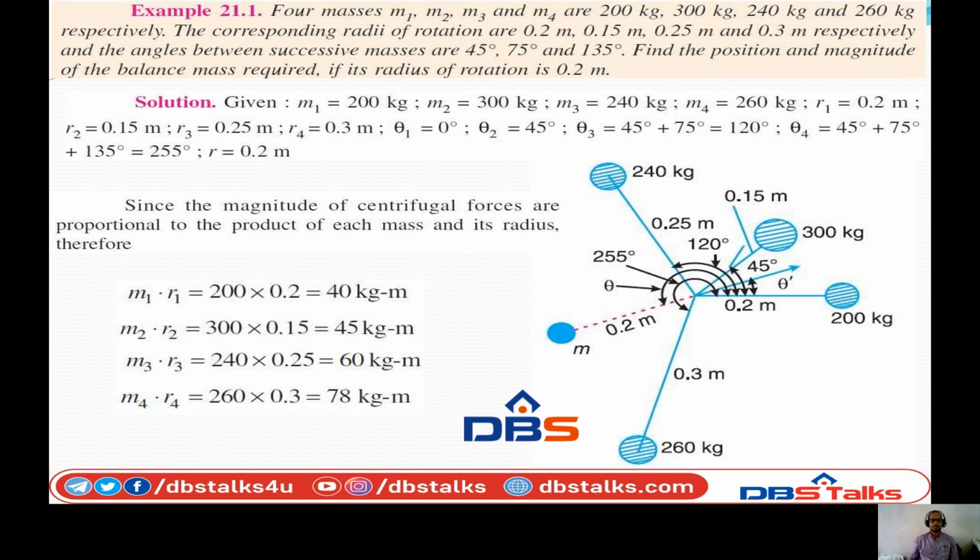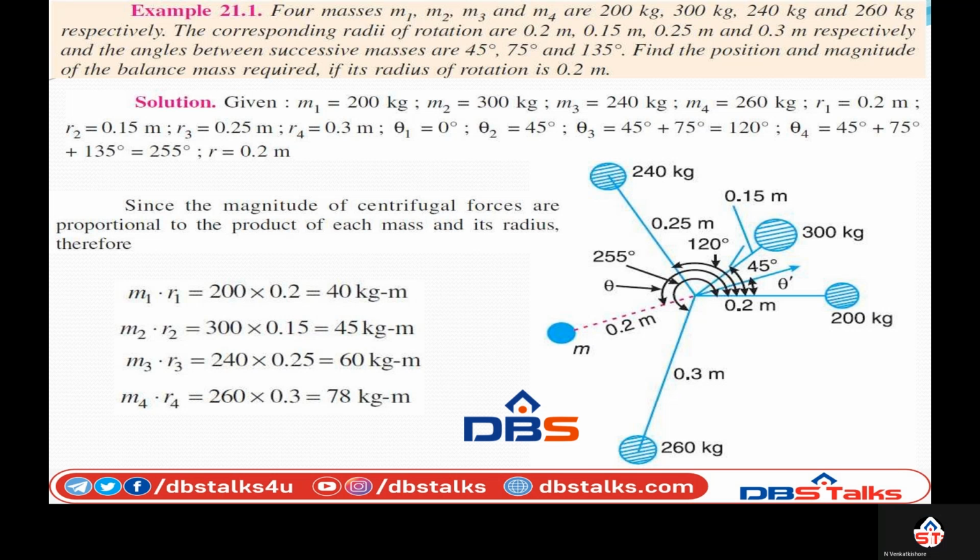There are four masses M1, M2, M3, M4 of 200 kg, 300 kg, 240 kg and 260 kg respectively, and the corresponding radii of rotation are 0.2 meter, 0.15 meter, 0.25 and 0.3 meter respectively, and the angles between the successive masses are 45, 75 and 135.